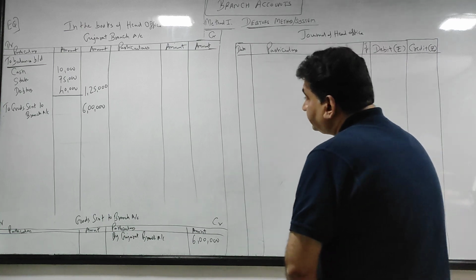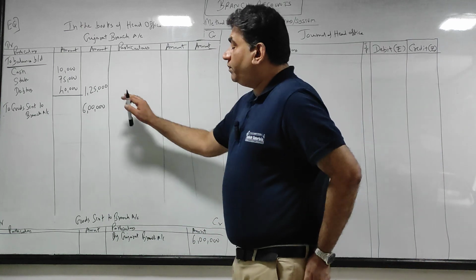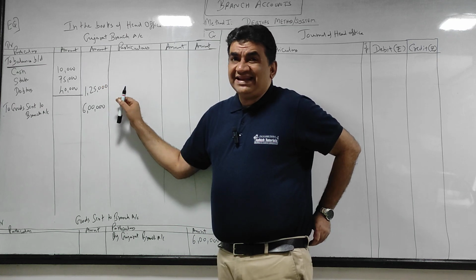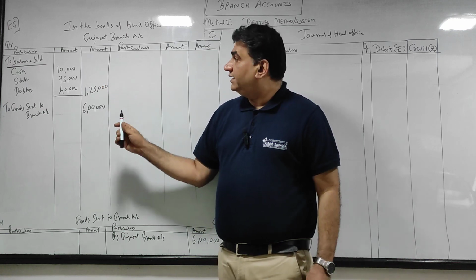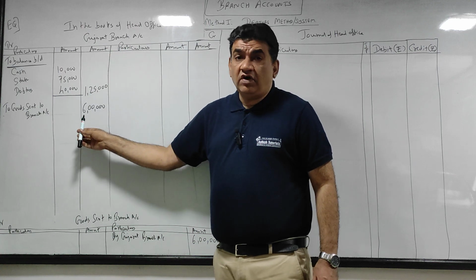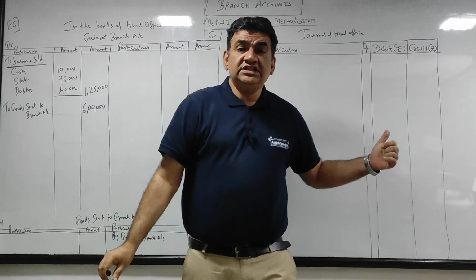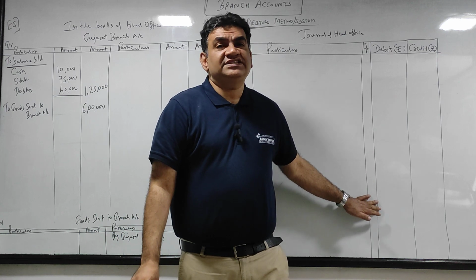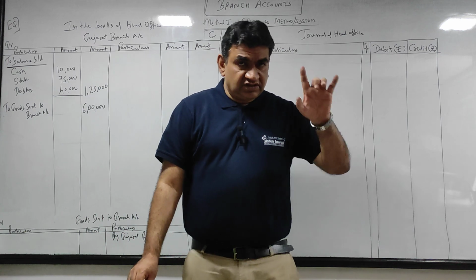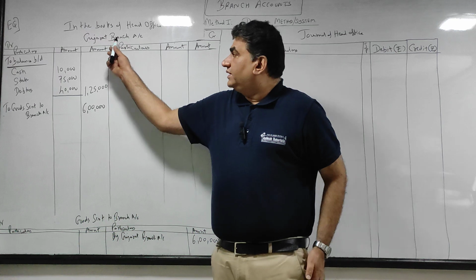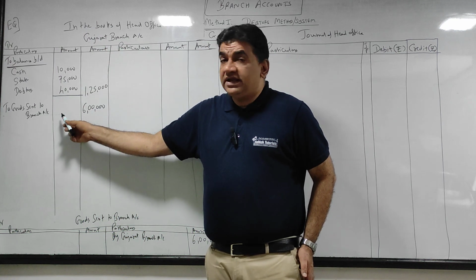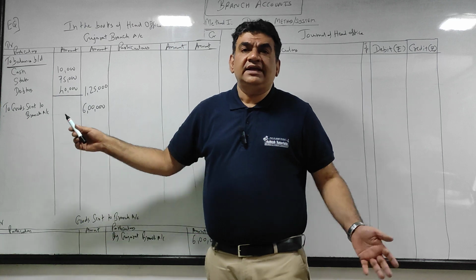Now listen. ओपनिंग बैलेंस का एंट्री नहीं आया, आता भी नहीं है. नाउ फॉर दिस, because the question has told us to prepare journal, we have to pass इसका entries. कहां पे लिखा है? गुजरात ब्रांच के डेबिट में लिखा है. एंड क्या लिखा है? टू गुड्स सेंट टू ब्रांच.